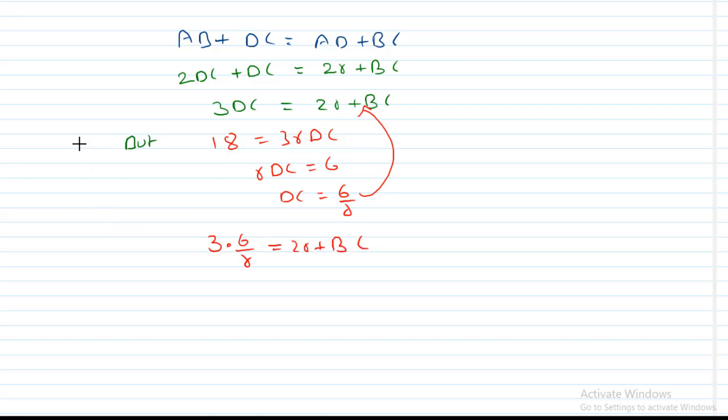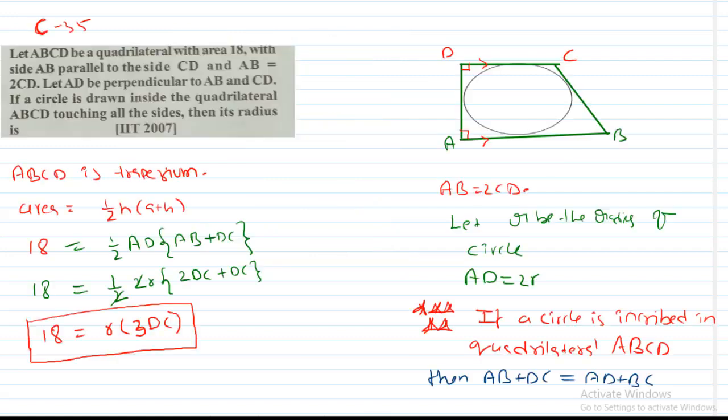I think you understood what I am doing here. I am creating everything in terms of small r, meaning you want the value of BC in terms of R. Now in the given diagram, observe here, from C draw a perpendicular on AB.